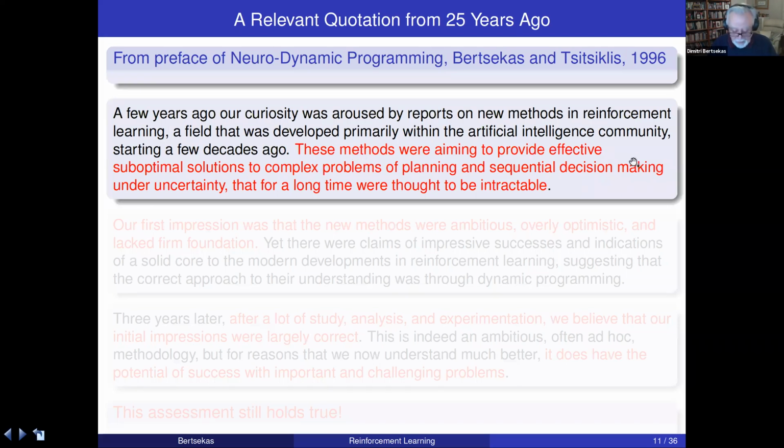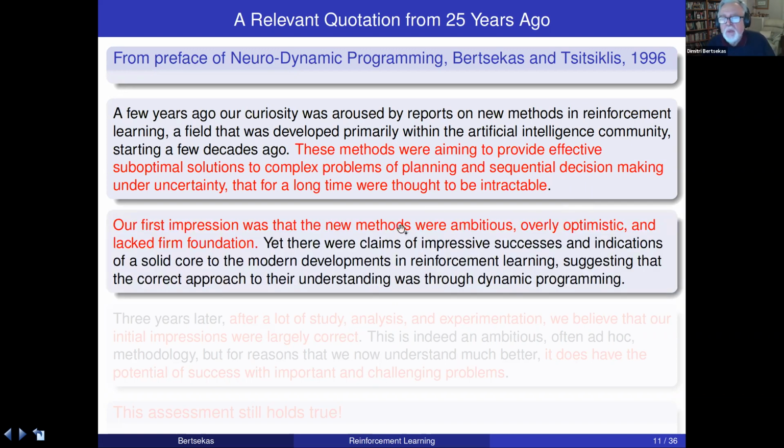It talks about reinforcement learning methods that aim to provide suboptimal solutions to complex problems of planning and sequential decision making under uncertainty that for a long time were thought to be intractable. That's what really attracted us to the field. There were all these methods that were challenging the state of the art by addressing problems that were completely beyond our capabilities of the day.